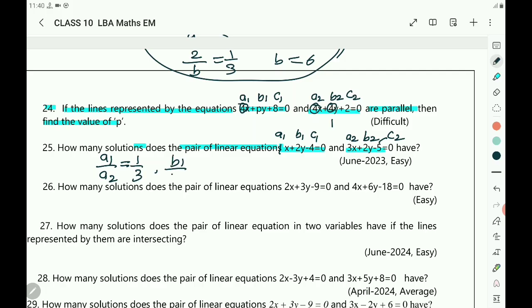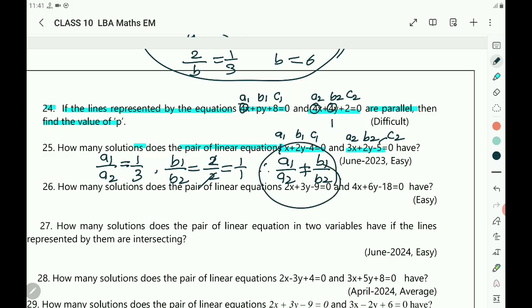Then b1 by b2 is equal to 2 by 2, which is equal to 1 by 1. You got this is not equal to this one. Therefore, you write a1 by a2 not equal to b1 by b2. Then how many solutions? One solution or unique solution.